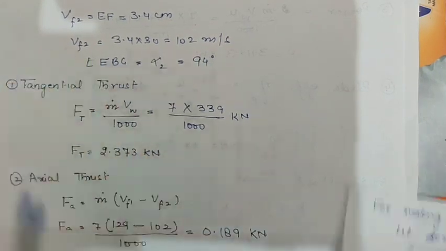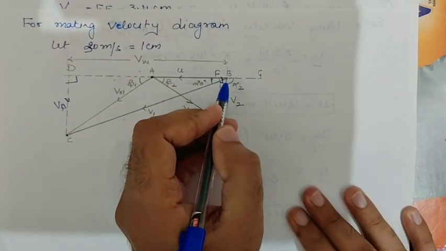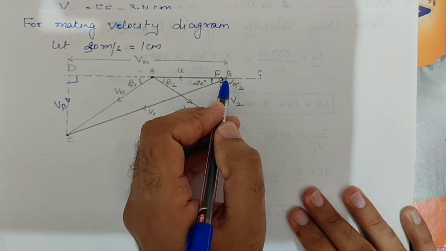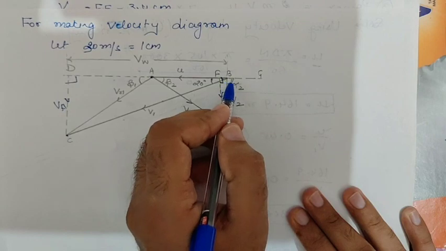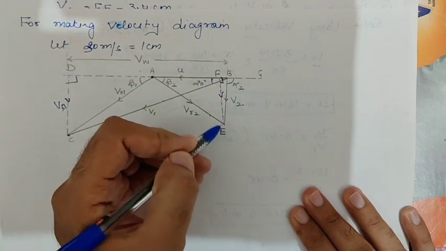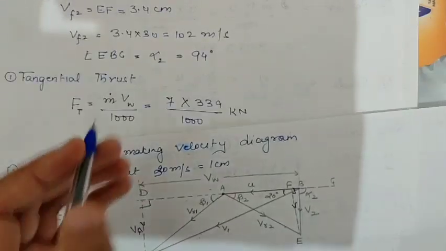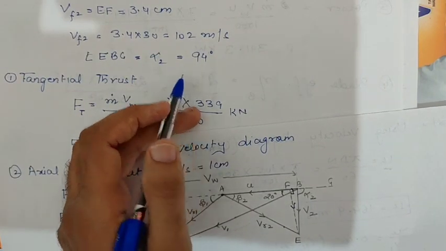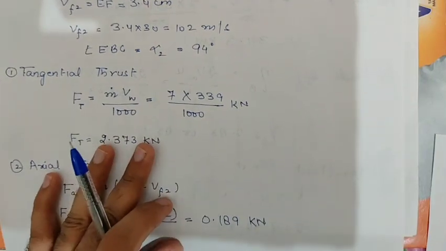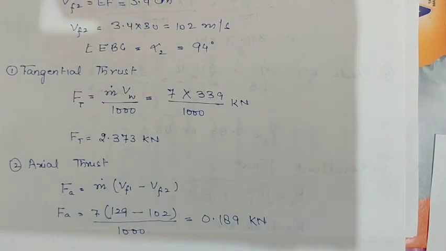And for finding alpha 2, we have extended point B up to G. The angle between BG and BE is alpha 2, and it is determined with the help of a protractor, and it is about 94 degrees. So these are the different values of the velocity triangle, like VR1, VR2, VW, and different angle values.